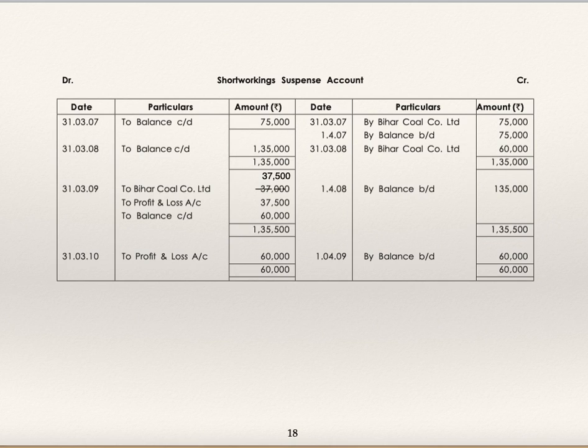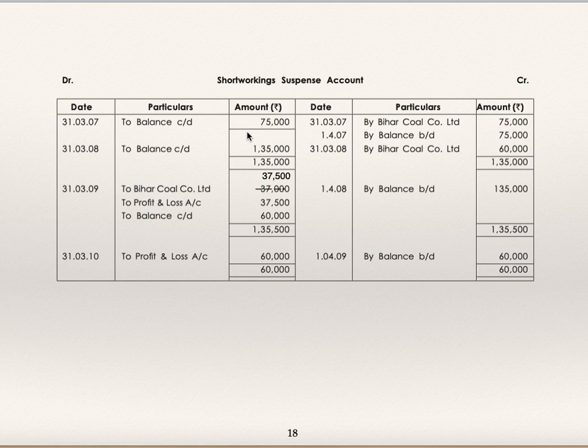Short working suspense account, exactly opposite of short working account, which we have seen in the books of lessee. By lessee to balance carried down first year. Next year beginning, by balance brought down by lessee. Name of the lessee is Bihar Coal Company.